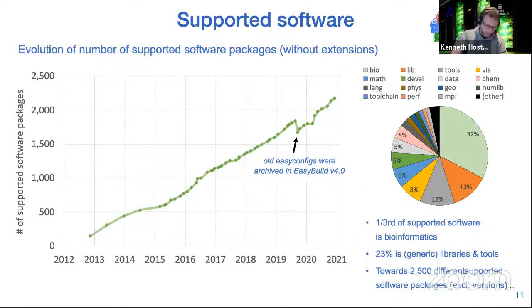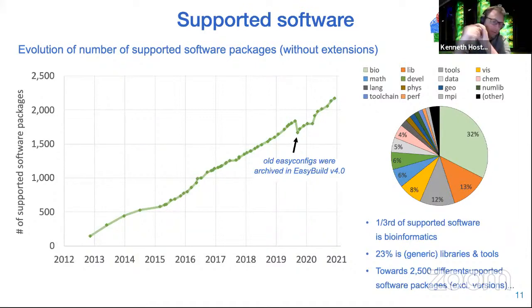Looking at supporting software, as I already mentioned, the number of different supported software packages keeps going up, so no surprise there. And it's been fairly stable over the years, so it's almost a linear increase, which is good in some sense. So we don't have many problems with adding more or supporting more software packages, but it's also a concern that it keeps going up.